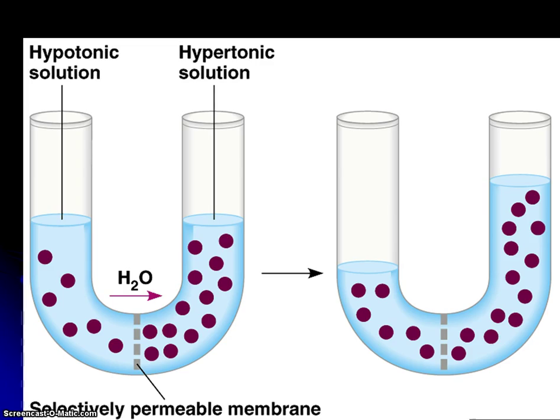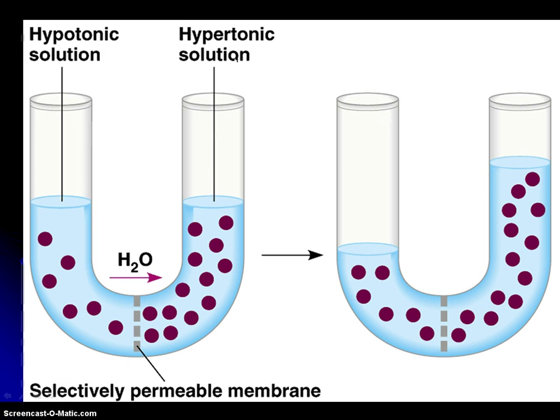Let's look at some examples. Look at some pictures. Those always help. Like I said, you can see the membrane in this picture. The water level is the same on both sides of the membrane, but there are more molecules on this side than on this side.